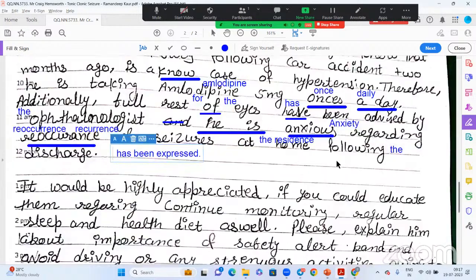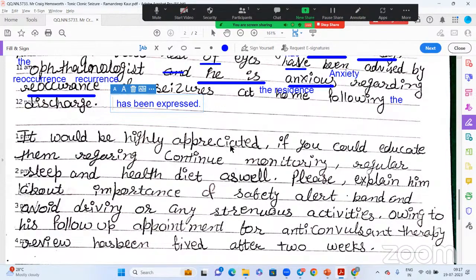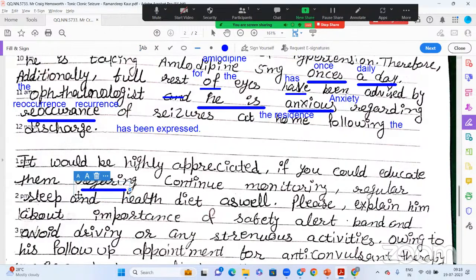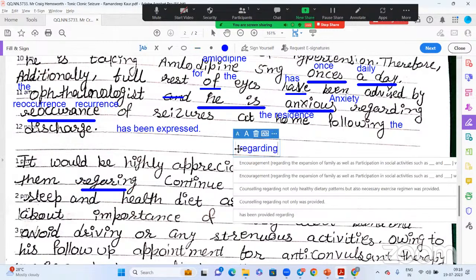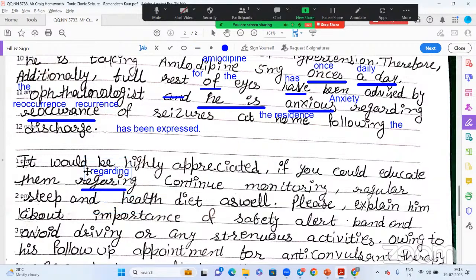So next, it would be highly appreciated if you could educate them regarding spelling. You don't know? How come you don't know the spelling? Here also you wrote correctly, why did you write wrong here? If you write like this, you are going to lose your mark. Why don't you check the spelling? It would be highly appreciated if you could educate them. Why should you appreciate the doctor for doing his own duty?